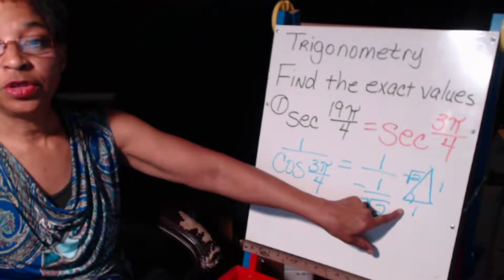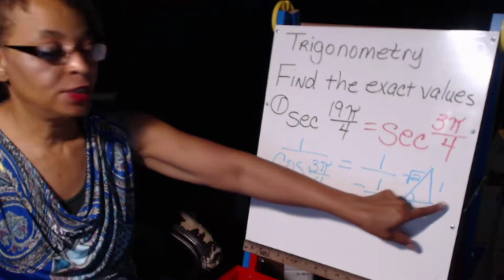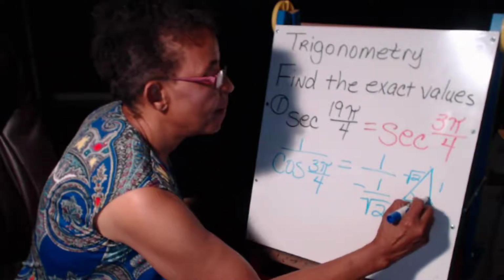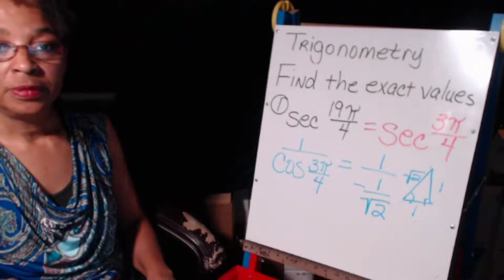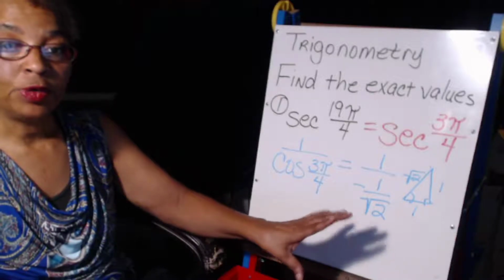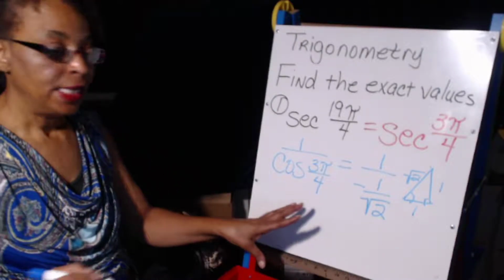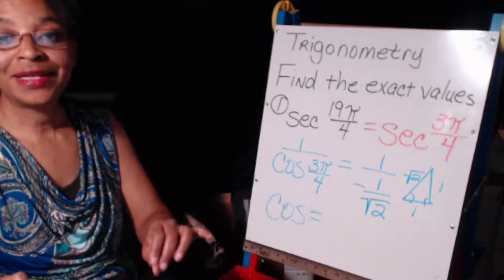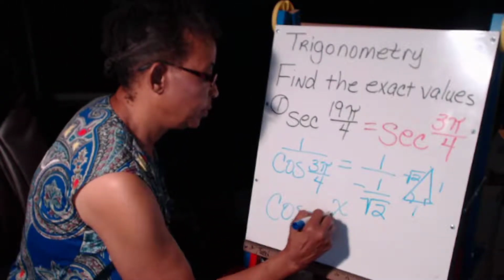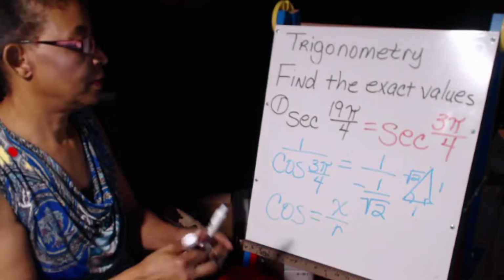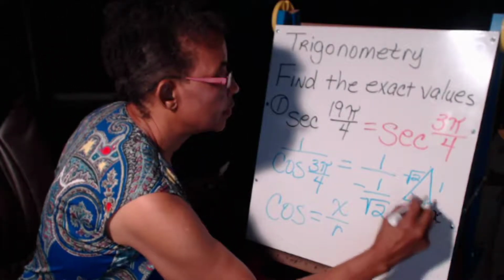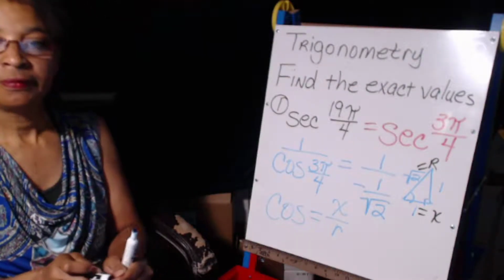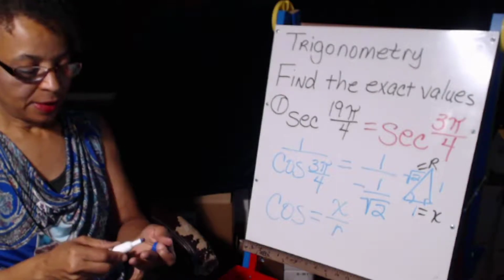So your x value, your cosine, is 1, your y value, your sine, is 1, your diagonal or your hypotenuse of this right triangle is square root of 2. So the relationship between cosine equals x over r. Okay?